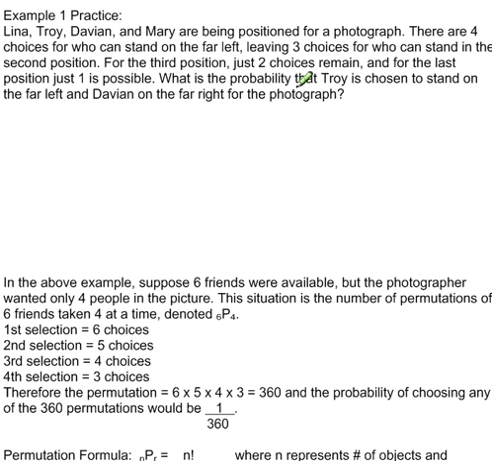Now that means you're placing 2 different people. So if you want to talk about the probability of Troy on the left and Devin on the right, and that means you already have some people positioned.